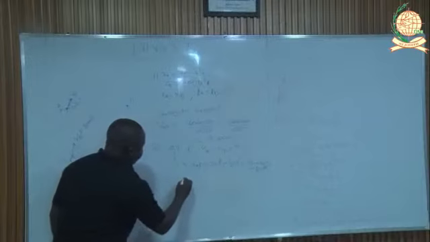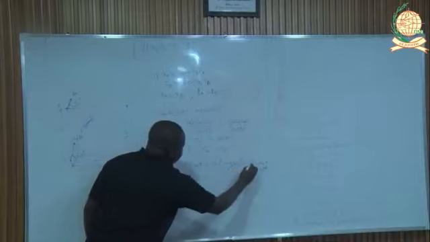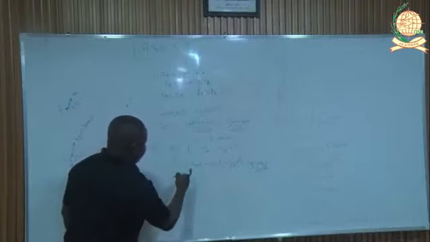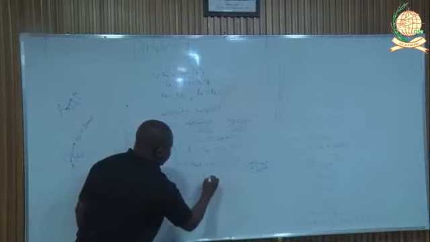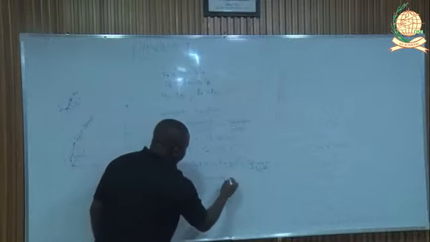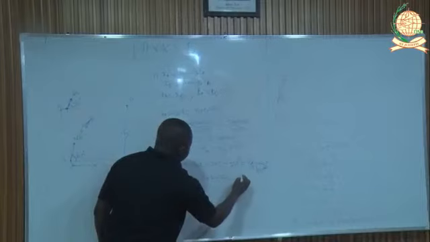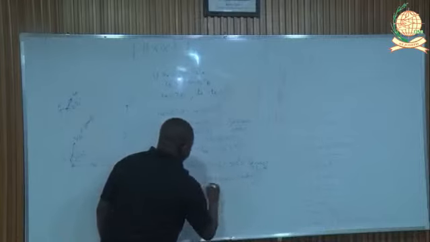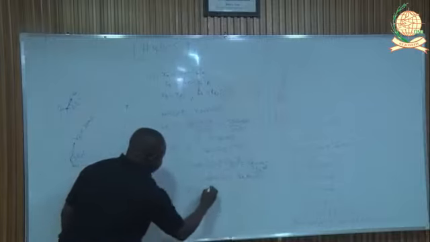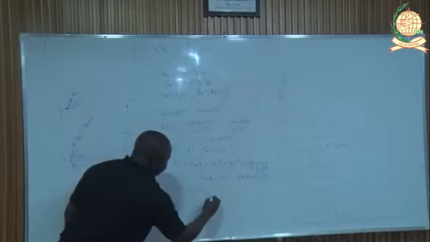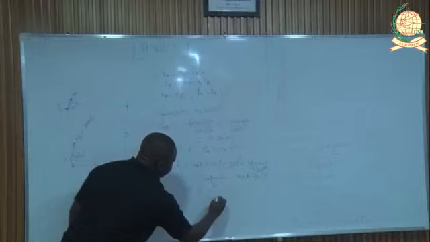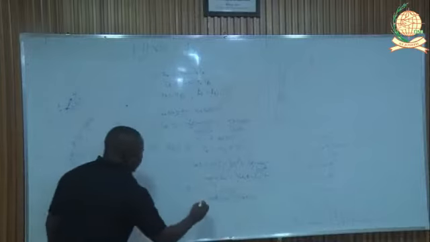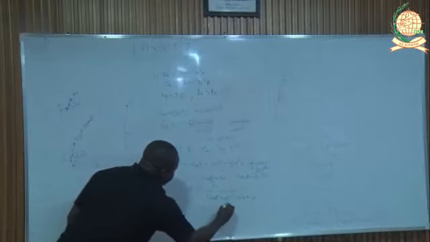Therefore, h will be equal to, this is the V naught of B, if I take this to the other side, V naught B sine of 60 minus V naught A sine of 30, bracket times T. So you can find T is equal to h, which is distance, over V naught of B sine of 60 minus V naught of A sine of 30.